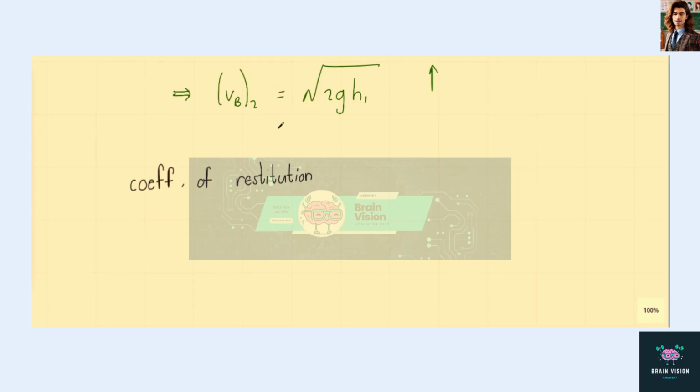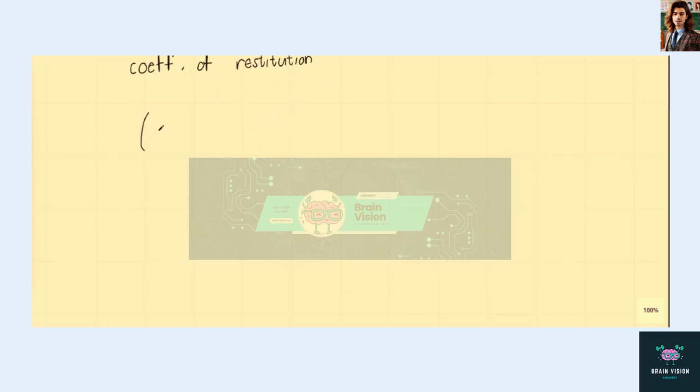Since the ground does not move, and we look at the vertical components and take the up direction as positive, we know that the coefficient of restitution is equal to minus VB2, the speed of the ball at B after the collision, over its speed before the collision, VB1.